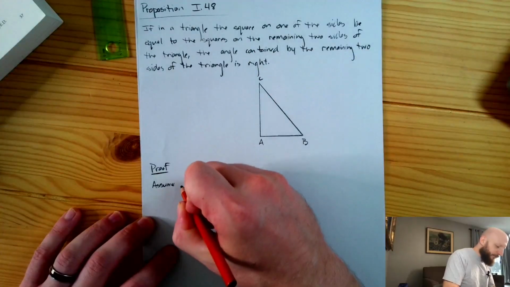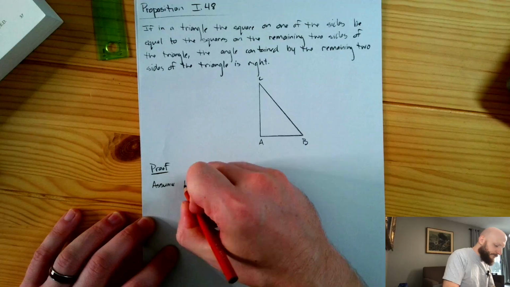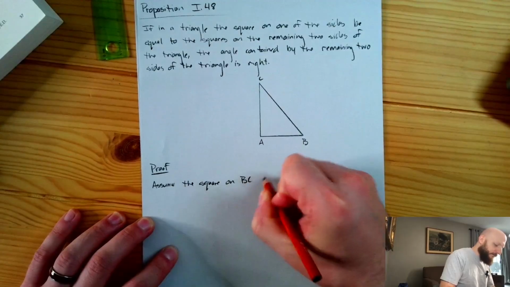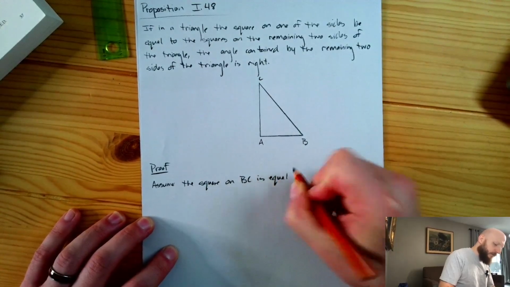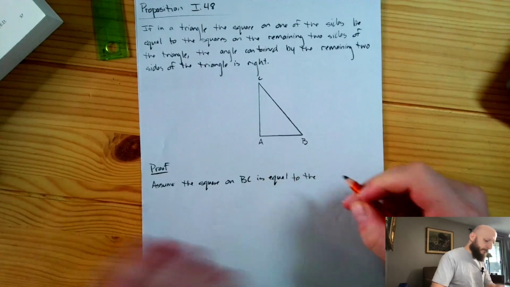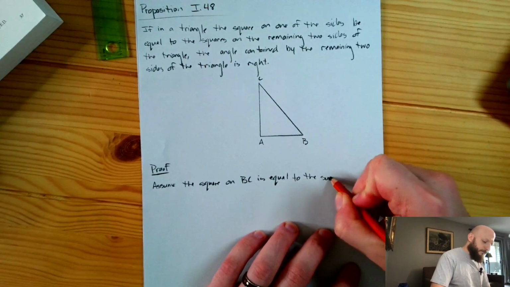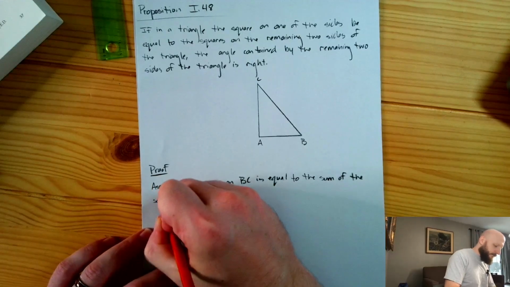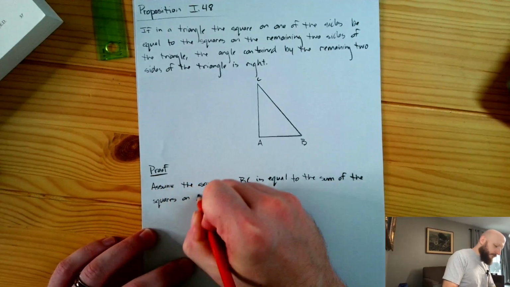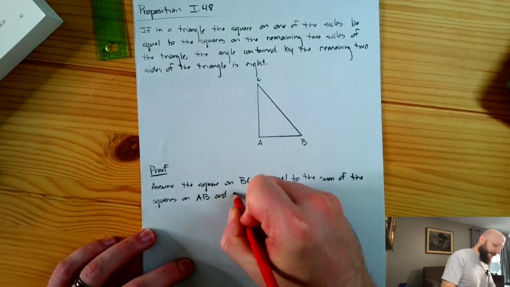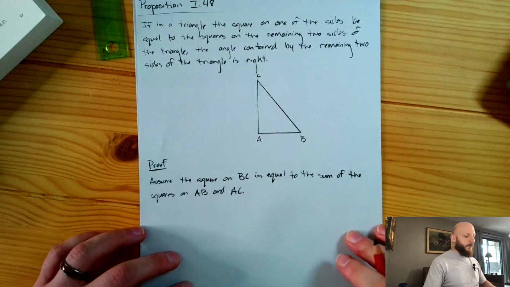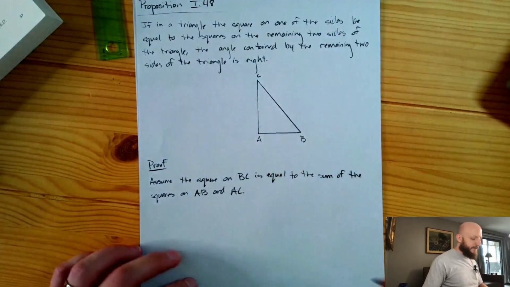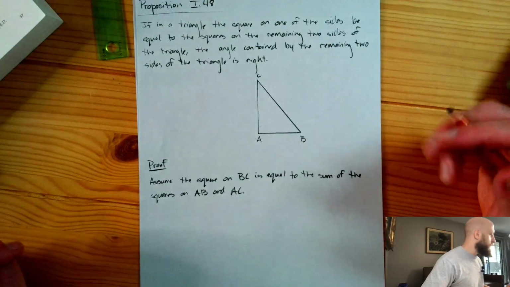So assume the square on BC is equal to the sum of the squares on AB and AC. And we want to prove then that angle A, or angle CAB, is a right angle.